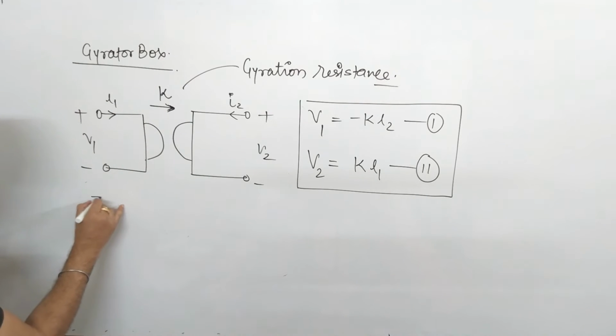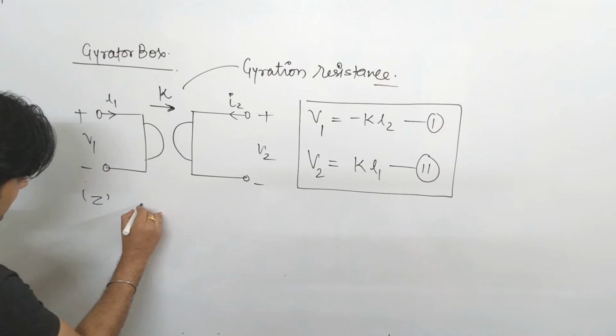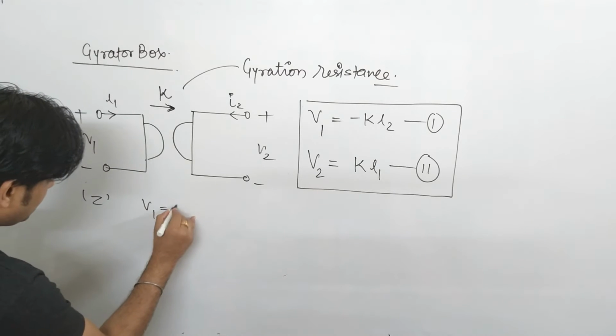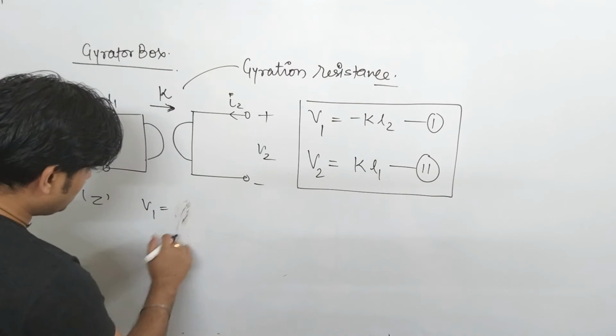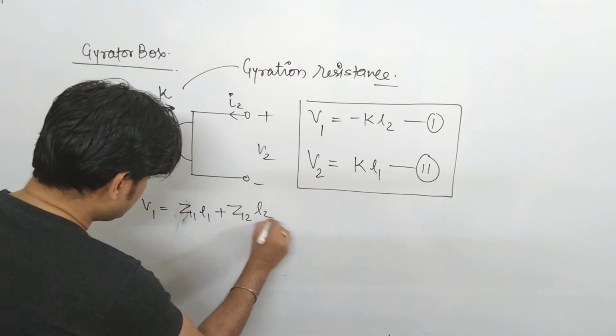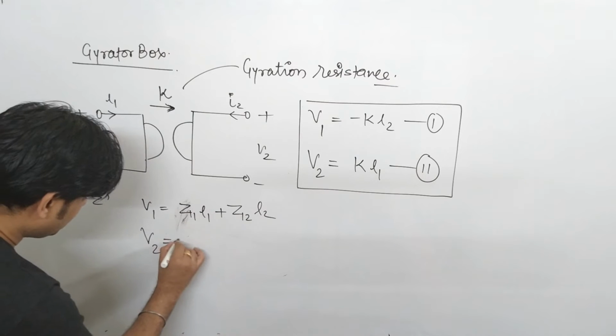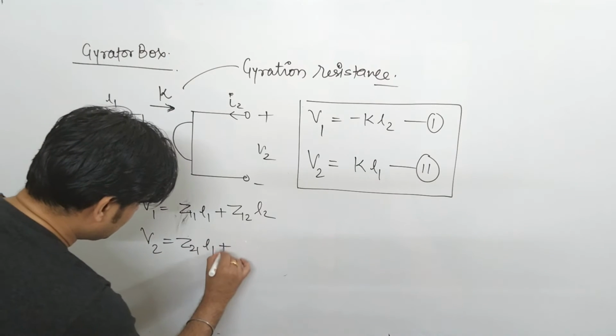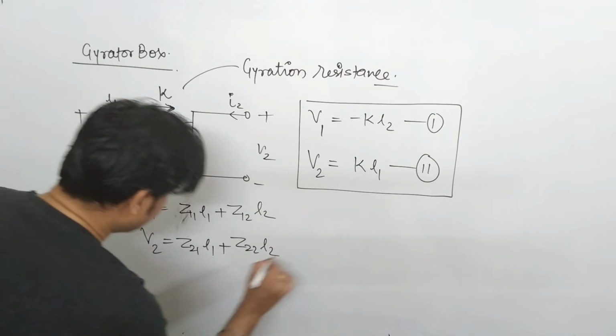If I talk about the Z parameters, you can say that V1 is equal to Z11 I1 plus Z12 I2, and V2 is equal to Z21 I1 plus Z22 I2.